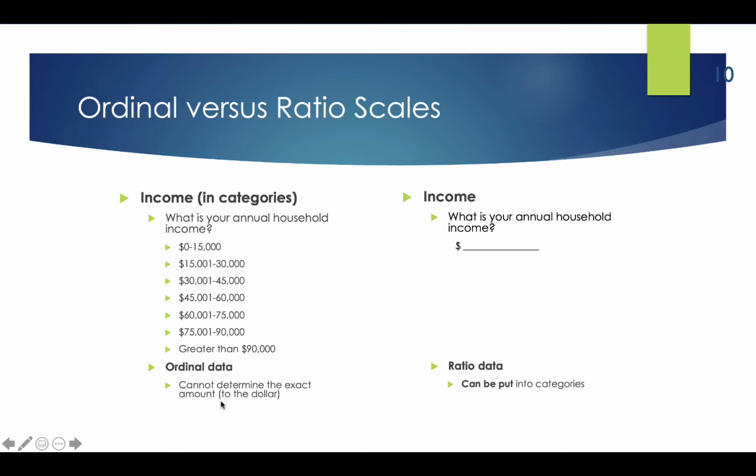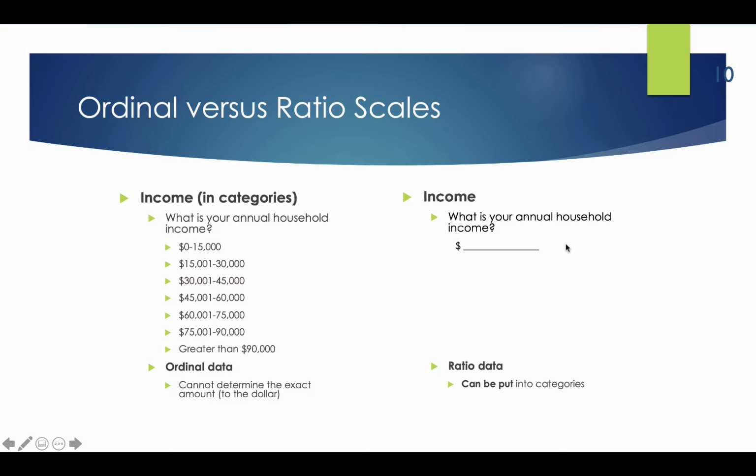You cannot determine the exact amount or the dollar amount, but it gives you an idea of a range. Sometimes if you're not looking for an exact number or an exact average, it's easier, and people are more likely, especially in demographic scales, to give you a range.